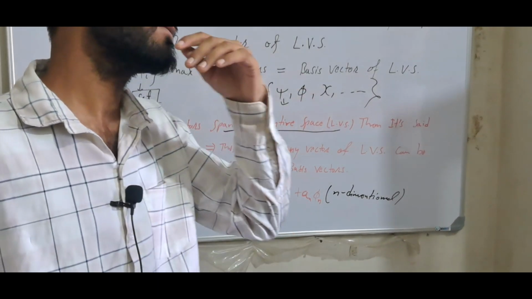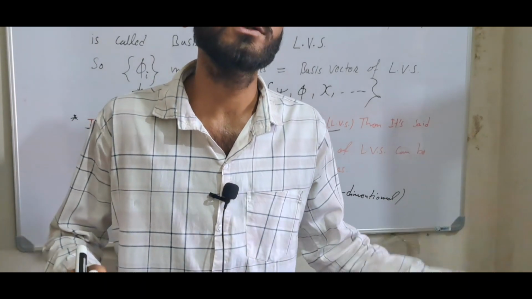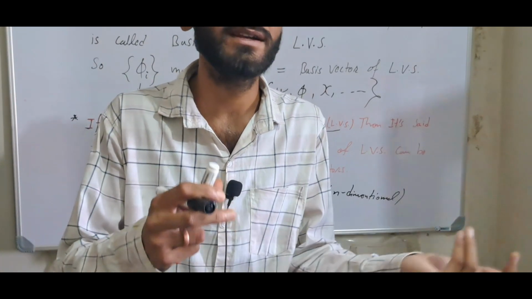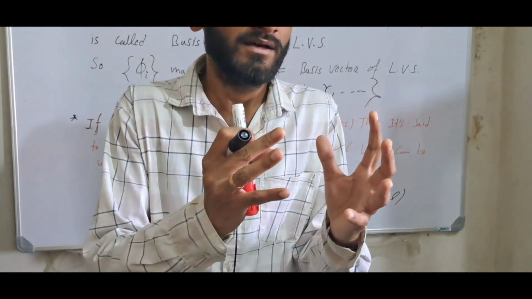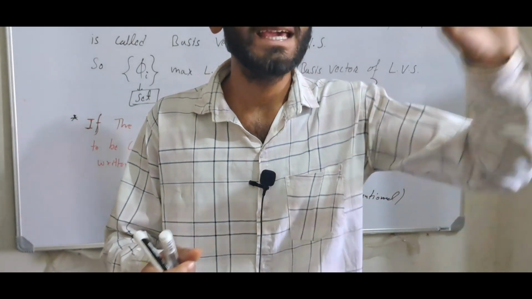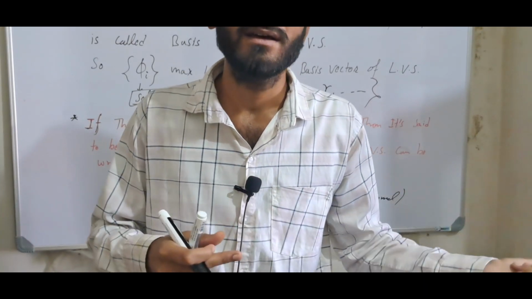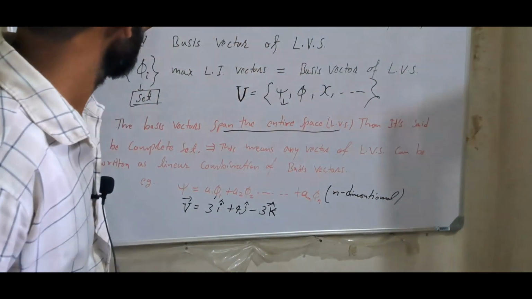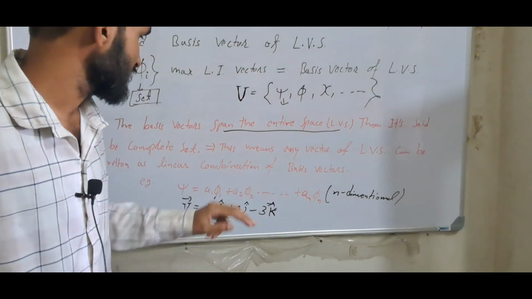Any other vector that belongs to the linear vector space can be written as a linear combination of all these n vectors. That's how they span the entire space. Spanning means any other vector can be written as a linear combination of these n basis vectors. Okay, and dimensionality also comes from the same thing.